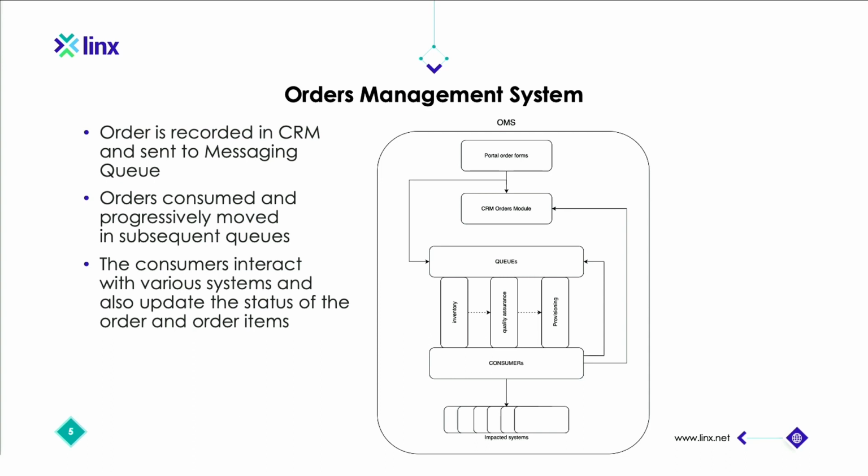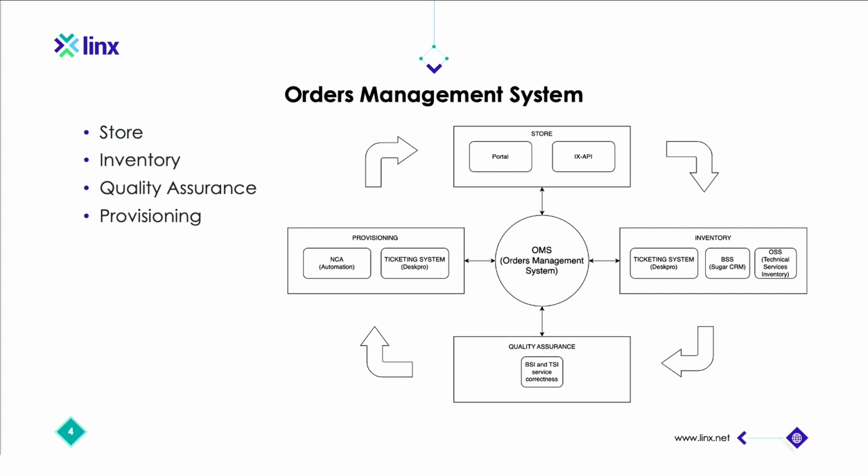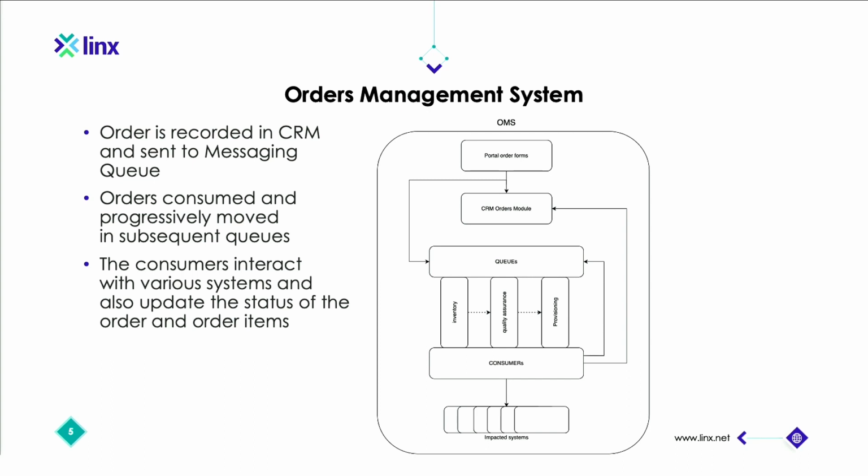Then there are consumers that run some Python scripts, which consume the data they receive from the queue, and then they interact with the different impacted systems, which were mentioned on a high level in this graph. And then they move the message, so the order, to the next queue to be processed again, and different systems get impacted by it.